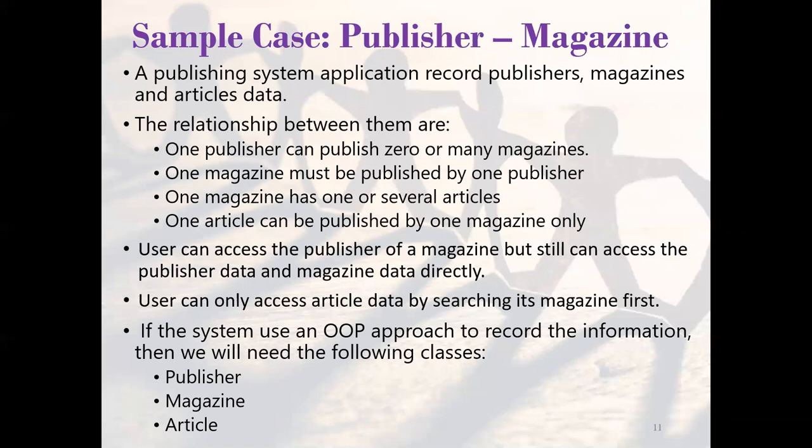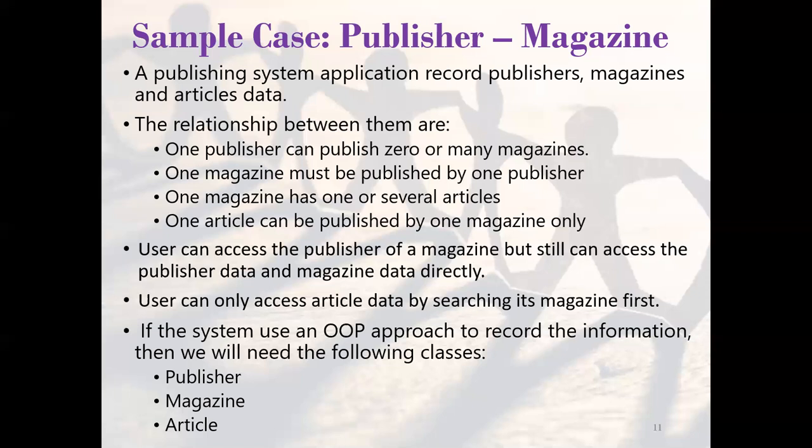The relationships between these three are: one publisher can publish 0 or many magazines. One magazine can be published by one publisher. One magazine has one or several articles. One article can be published in one magazine only.